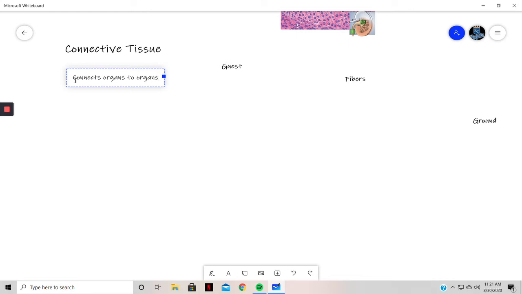Connective tissue is the tissue that holds things together. Maybe the things around the stomach, it would connect those and hold them in place. So just a really useful tissue in that regard. And of course, I mentioned support, protection. And looking at my list, most common type of tissue.